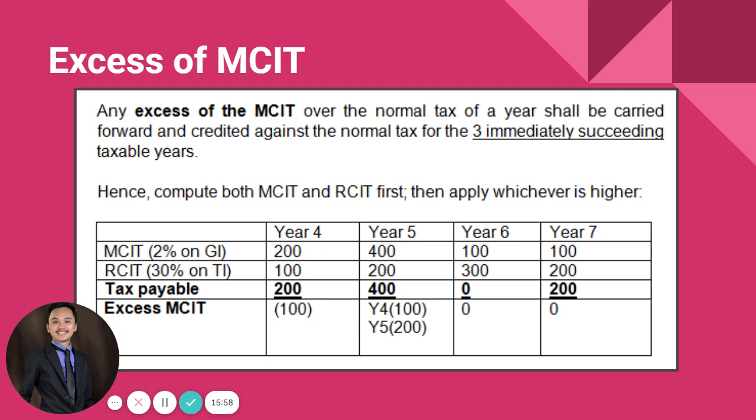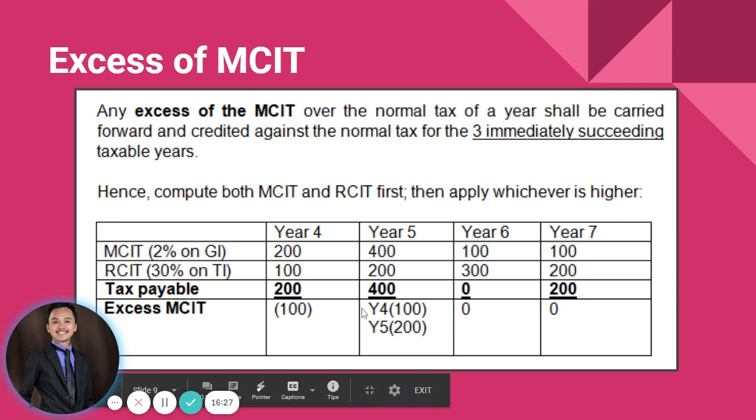Sir, what if your RCIT for year 6 is only 200,000? Okay. What if your RCIT is just 200,000? So still, your tax payable will be coming from your RCIT of 200,000. But question, how are we going to apply our excess of MCIT? Now, we will apply excess of MCIT on a first in, first out basis, or FIFO basis.